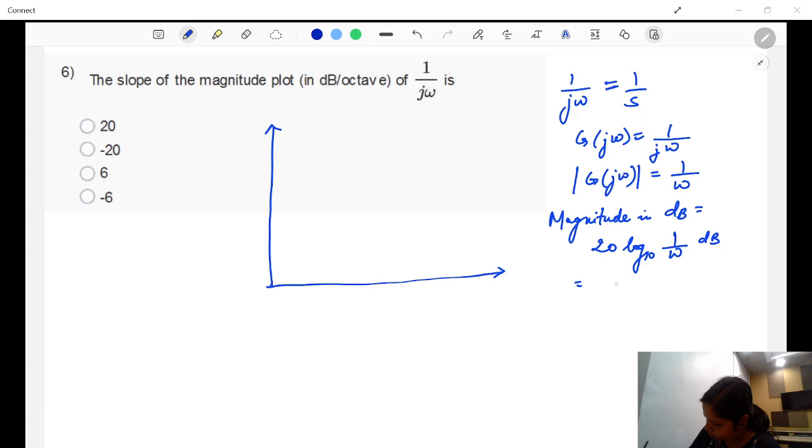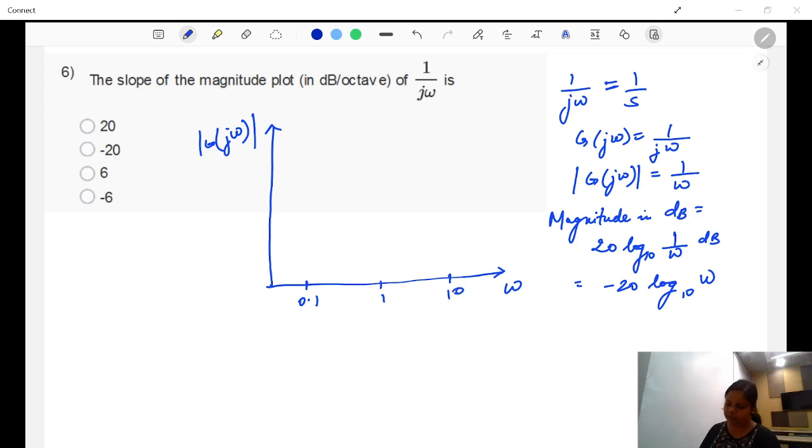That means minus 20 log 10 omega. Now I want to plot this. Let me take omega to be 0.1, 1, and 10. You can take any three frequencies, it's not a problem. Now let's check the value. This is my magnitude. What would happen at omega equal to 0.1?